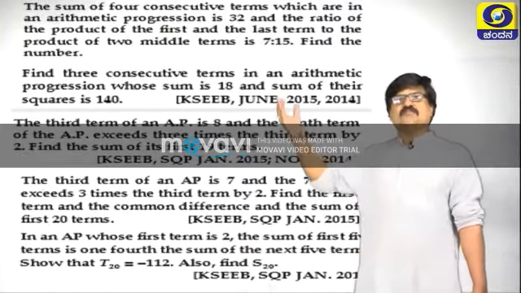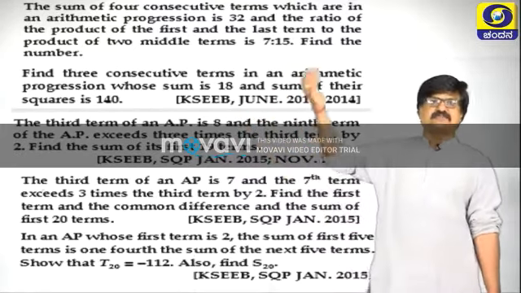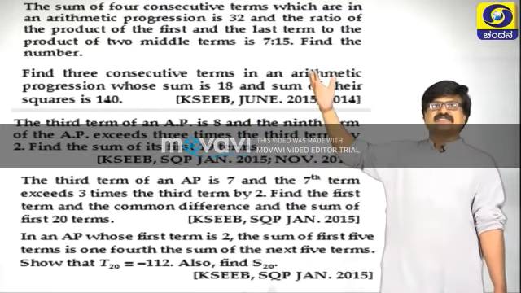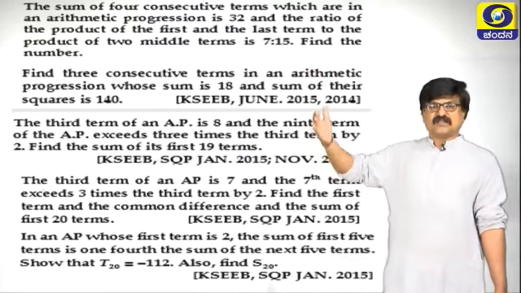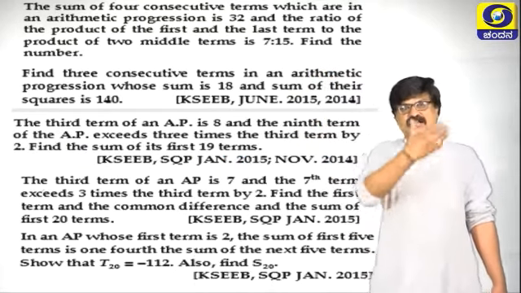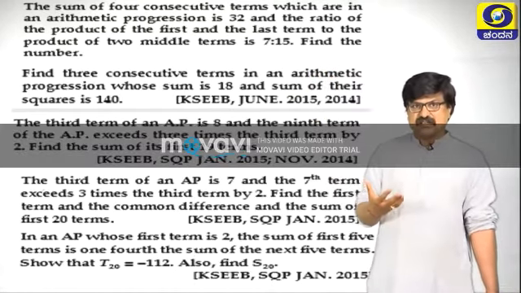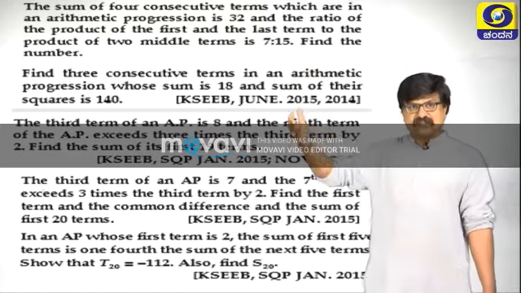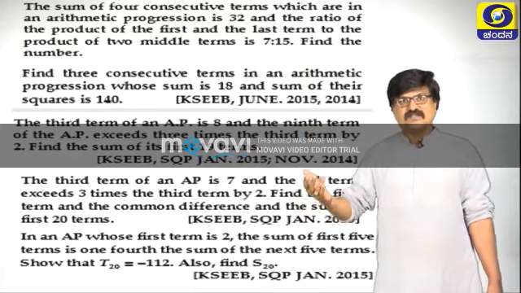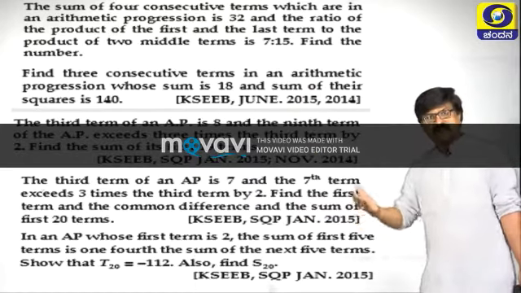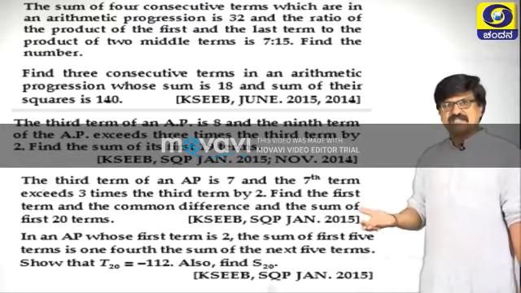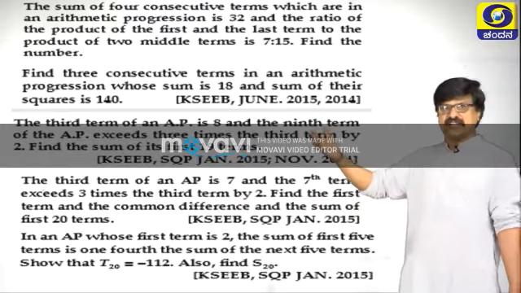If you see the problems which they have asked in previous year examinations based on AP, suppose you have all this information, you can easily solve these problems. You just go through these problems, these are all the problems they have asked in previous year examinations.